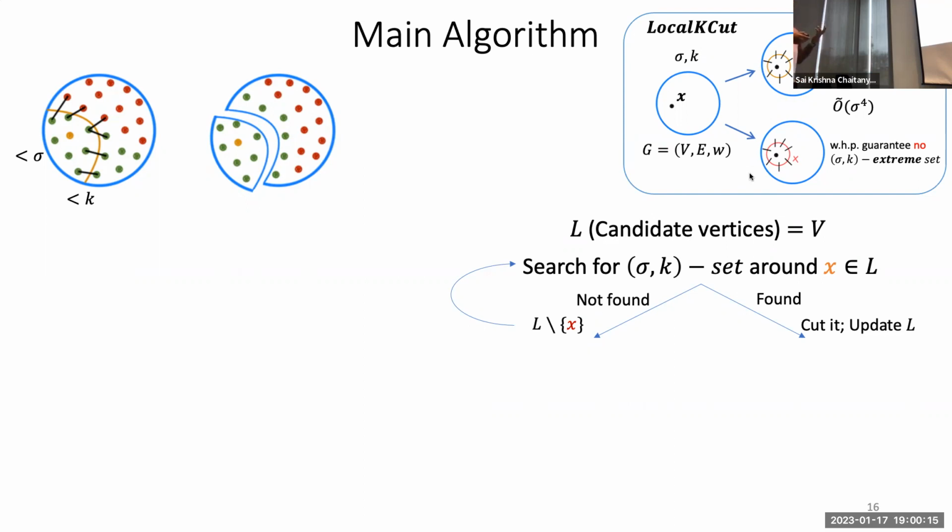That is why we have to search along these vertices again: the earlier result was for the big graph, and in this residual graph we might end up getting new sigma K sets. So I added them to my candidate set. That is what I mean here by cut it. I cut it and then update L, so I keep adding more vertices to L.